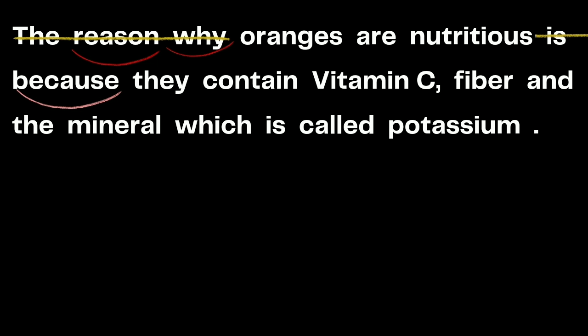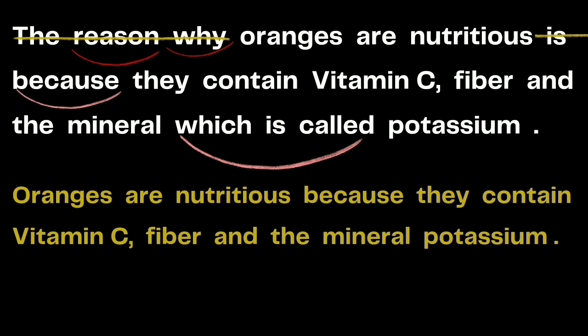Can you read it and see if it makes sense as is without that phrase? The shortened sentence would therefore say, oranges are nutritious, and we would omit the word is, and say oranges are nutritious because they contain vitamin C, fiber, and the mineral which is called potassium.